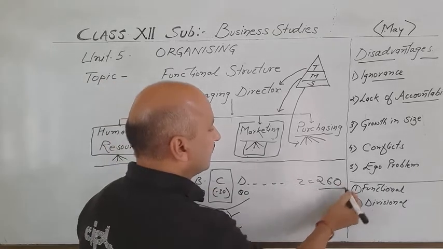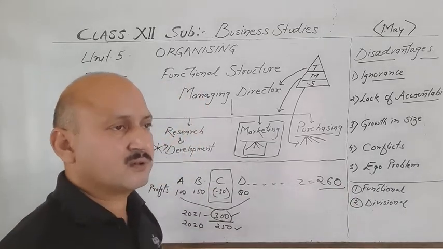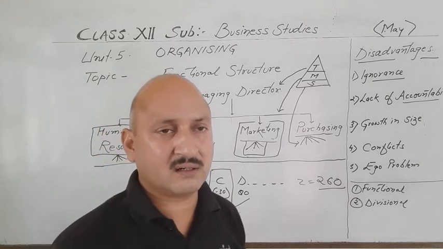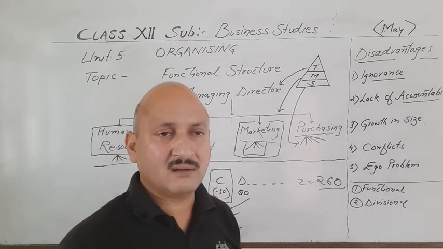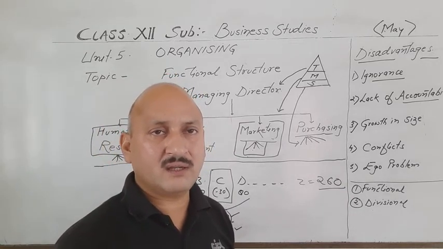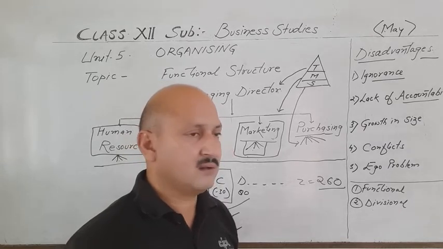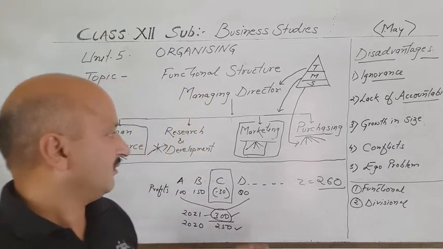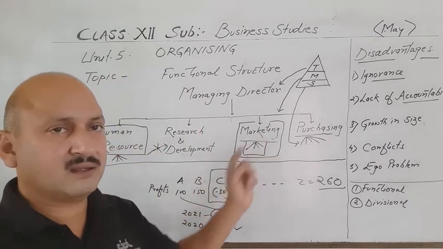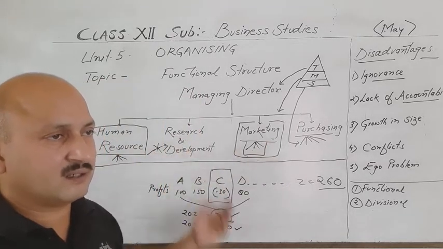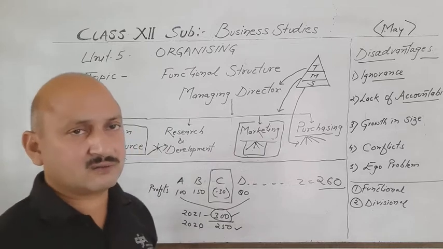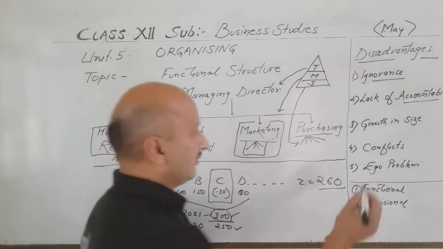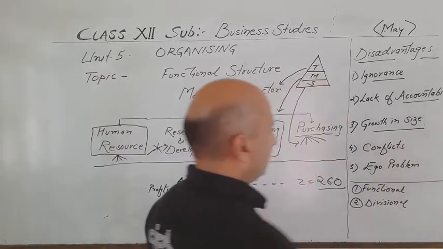Many companies like Patanjali, Tata, Hindustan Unilever are producing more than 200 products. Then what will happen? They will never complete their work, they will be overburdened, and this will result in loss to the company. So that is the limitation, growth in size.